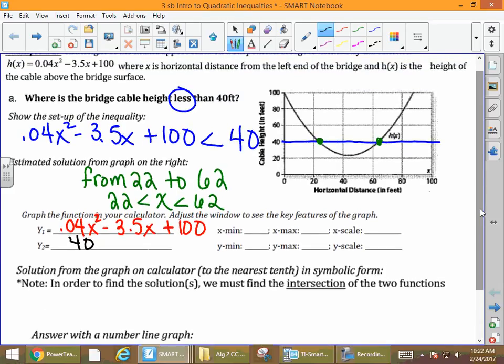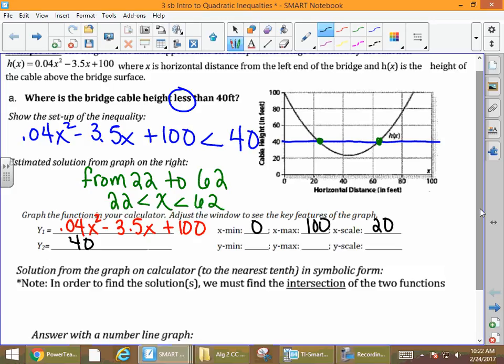So if we look back at our picture, what we see in our graph here is that our smallest x value looks like it's going to be about 0. And our biggest x value on this graph is 100. And when we look at the scale of it, 0, 20, 40, 60, 80, 100, we're going in increments of 20.